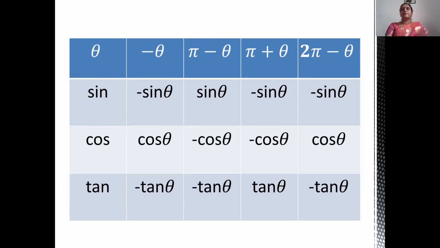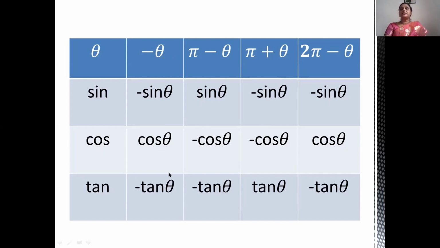The table has the values of theta as minus theta, pi minus theta, pi plus theta, 2 pi minus theta. You know that sin minus theta is minus sin theta, sin pi minus theta is sin theta, sin pi plus theta is minus sin theta, sin 2 pi minus theta is minus sin theta. Then cos minus theta is cos theta, cos pi minus theta is minus cos theta, cos pi plus theta is minus cos theta, cos 2 pi minus theta is cos theta.